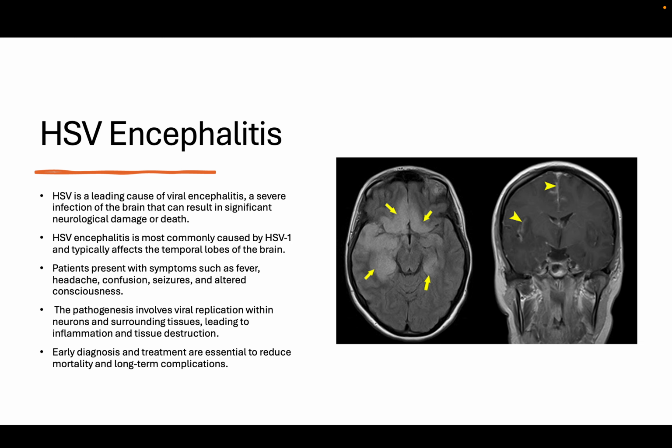This can cause fever, headaches, confusion, seizures, and altered consciousness. So it's very important that you do not try to infect babies with herpes. And usually the type of herpes that neonates get infected with is HSV1. That's why we usually say HSV1 is causing encephalitis.